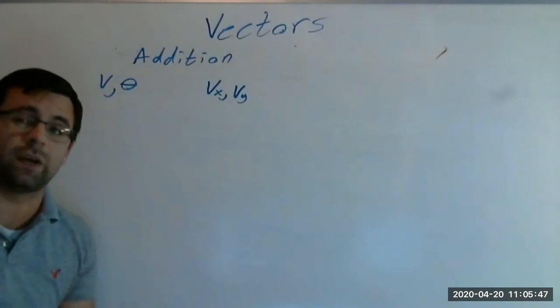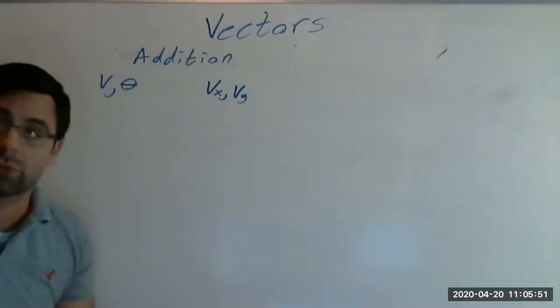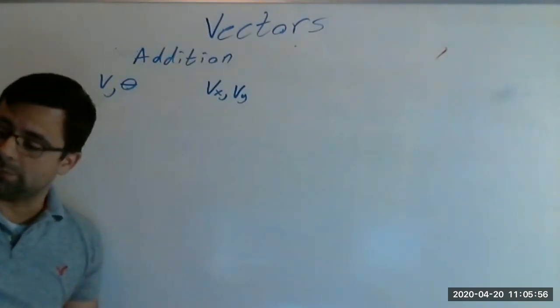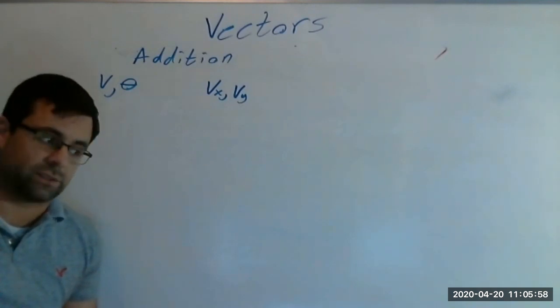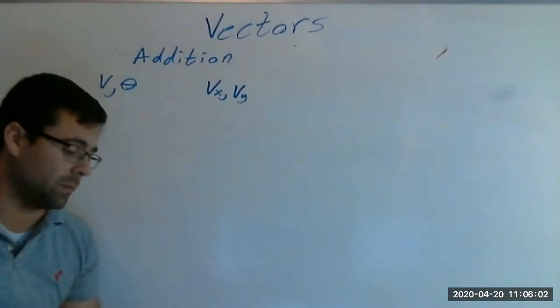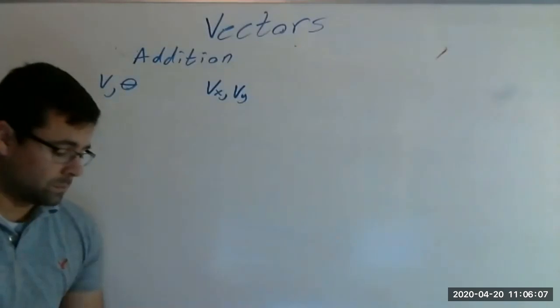For most people, vectors are this wild, mystical thing, and they really shouldn't be. It's just like anything else we've dealt with. A good example is polynomials, okay?